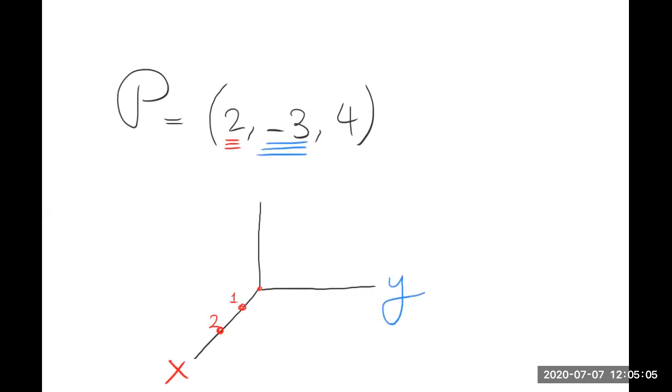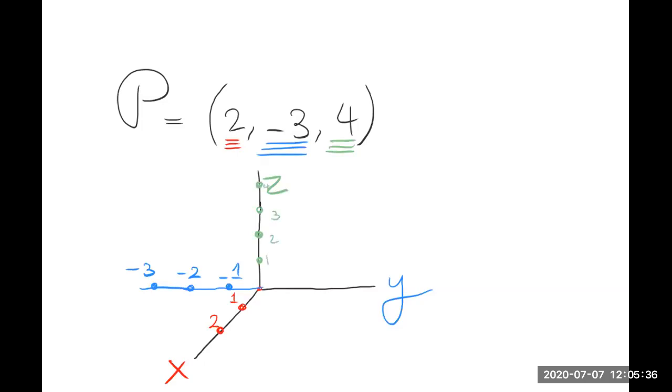So it's in direction of y, but it's towards the negatives. -1, -2, -3. That's here. And the last coordinate, the third one, is in direction of z. It's 4. So 1, 2, 3, 4.